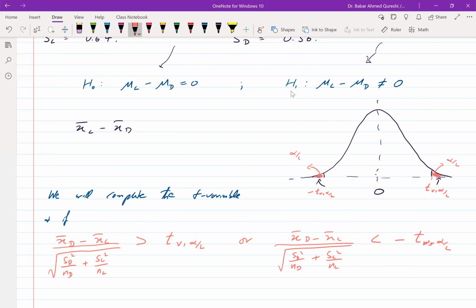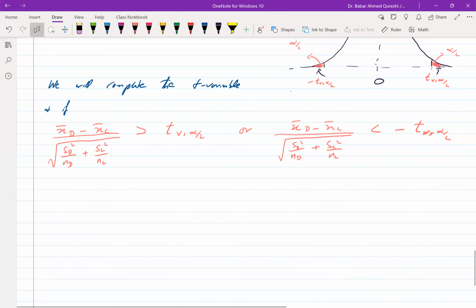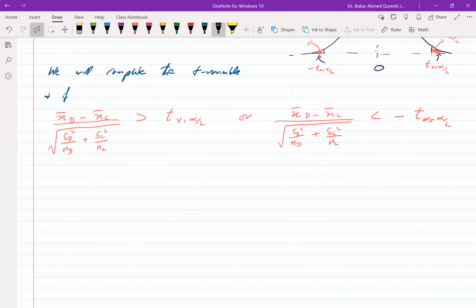Now the first thing is just to compute the degrees of freedom. So compute nu for t. Again, I will need these numbers.